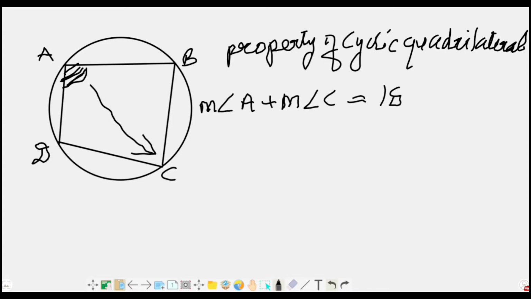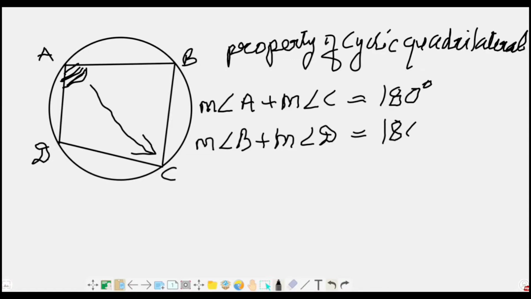The sum of the two angles is 180 degrees. In the same way, if I take B, then measure of angle B plus measure of angle D is also 180 degrees. So the property is that opposite angles of a cyclic quadrilateral are supplementary. Wherever we apply it, you can write the reason: property of cyclic quadrilateral.